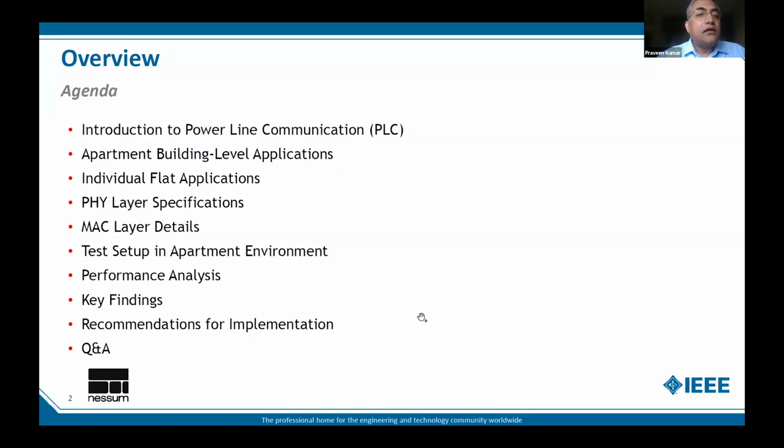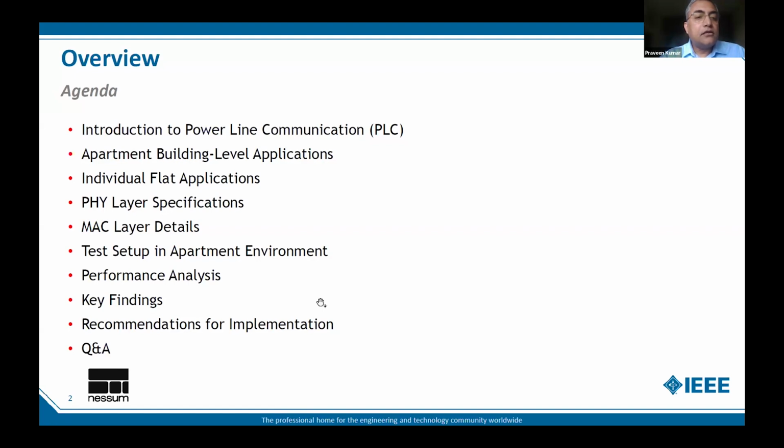So the agenda: I will talk a little about the theoretical part, which is already covered by JP and Mrs. Han. Then the main focus will be on the apartment environment use cases, then individual flat environment use cases, and a little theory on the PHY layer and MAC layer details, which can help you understand its features, capability, and limitations, if any.